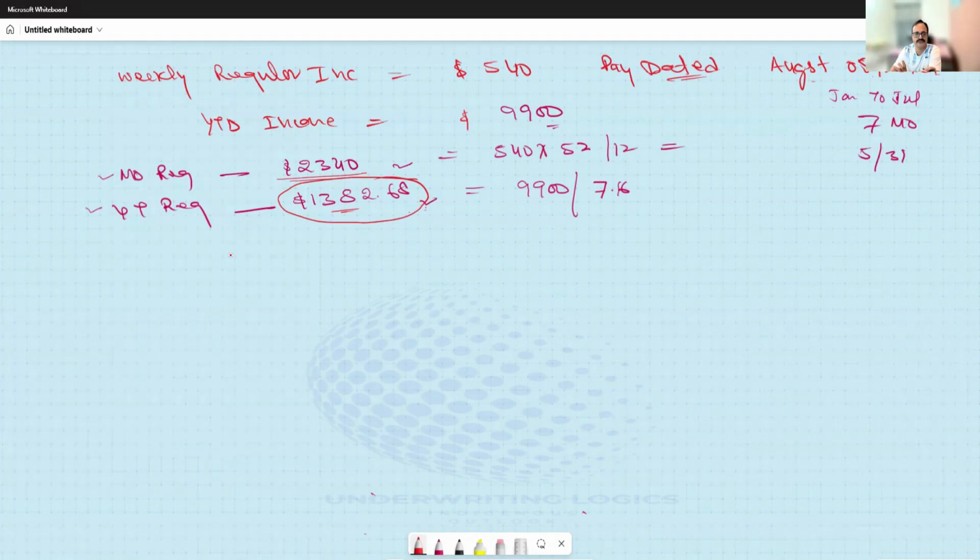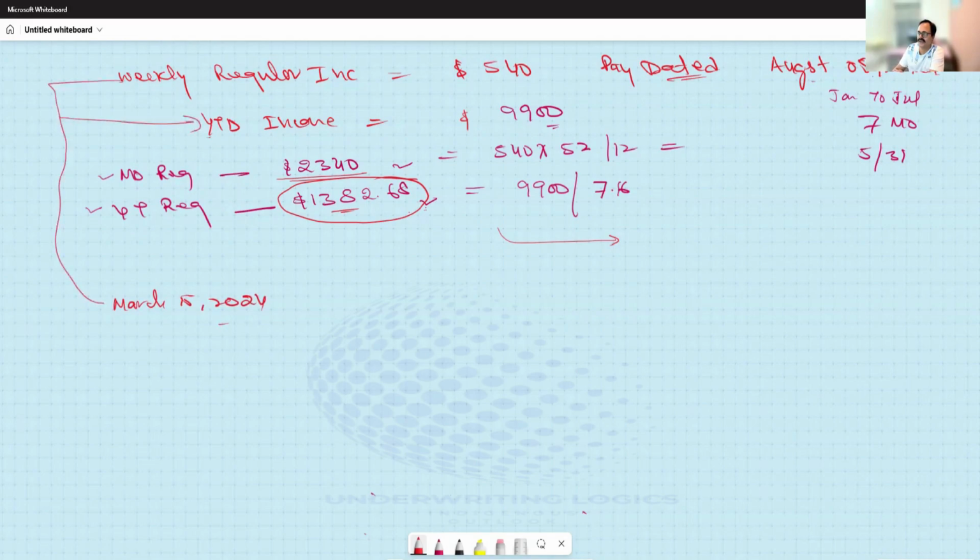So now we need to think that there is a possibility that the borrower might have started this job later. If somebody started the job on March 15, 2024, then will his YTD appear the same here? His YTD 9900 might be appearing only from March to August 5, 2024.